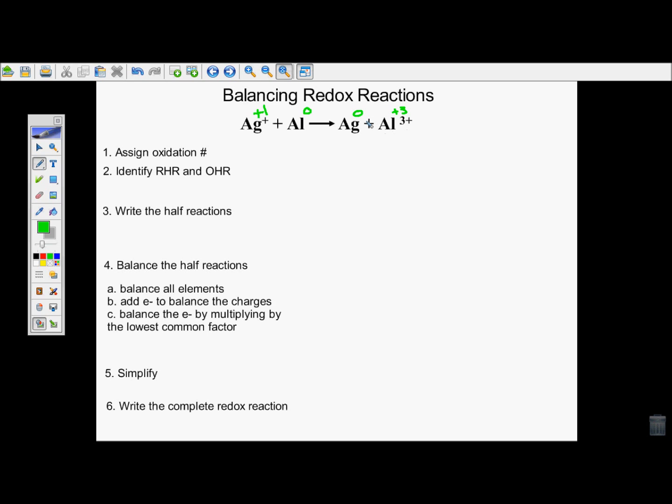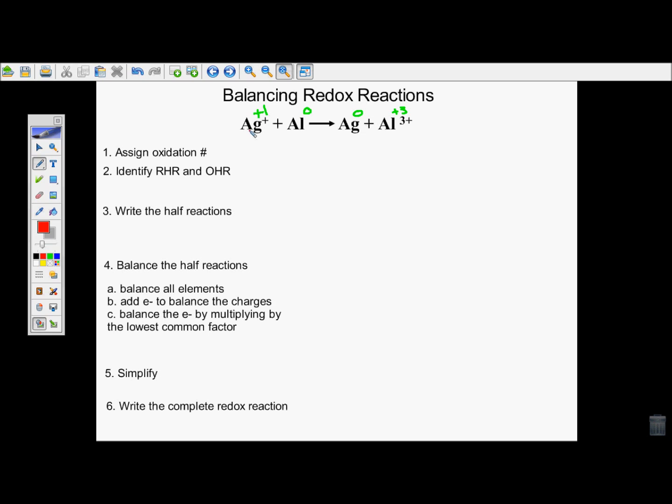Step 2 is to identify the RHR and OHR. HR stands for half reaction, so the RHR is the reduction half reaction, while the OHR is the oxidation half reaction. So let's look at silver. Silver's oxidation number goes from +1 to 0, so it goes down.